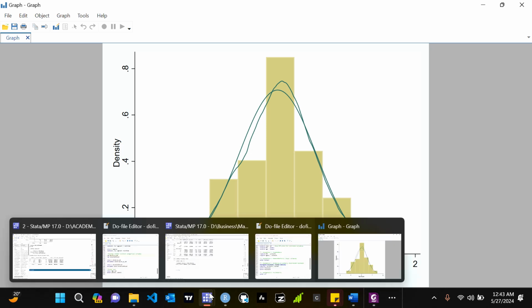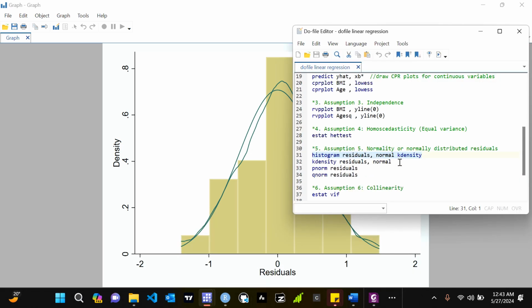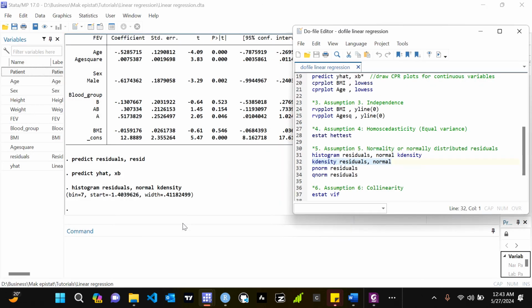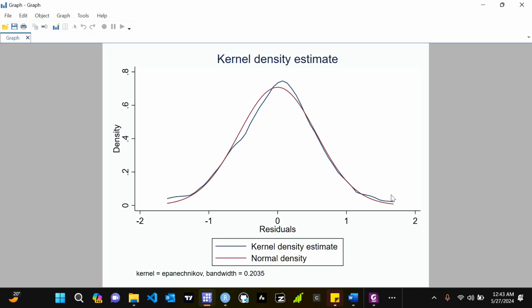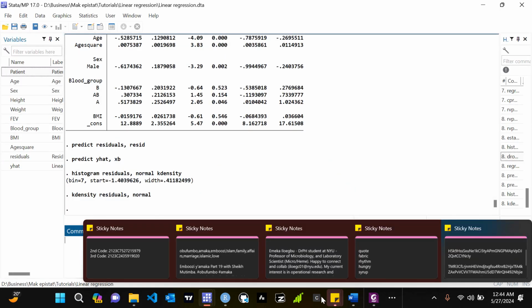So we go ahead and do a k-density plot. The k-density plot and the histogram are almost the same. So it shows a very good normal distribution. The k-density is the one below, and the normal density is the one on the right. They show a very good, beautiful normal distribution.